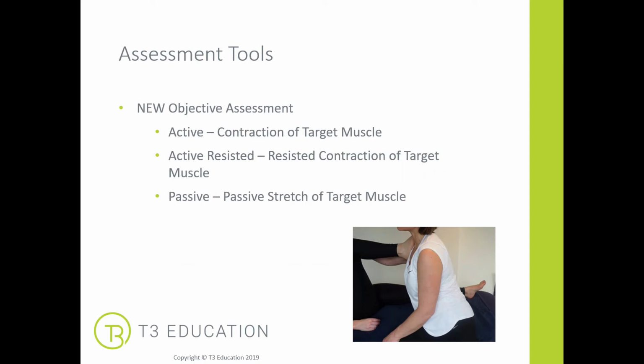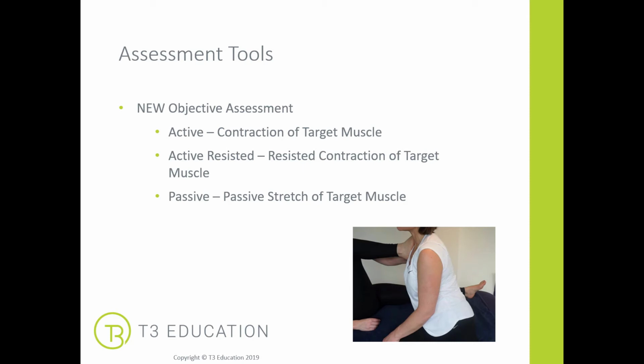In terms of your objective toolkit, we're going to give you one more tool to help you identify what soft tissues may be damaged and to help fuel that treatment plan. We're going to do 3 tests on the target muscle or target tissue. 1, an active contraction of that target muscle. 2, an active resisted.